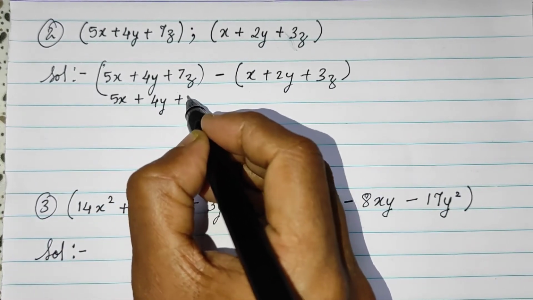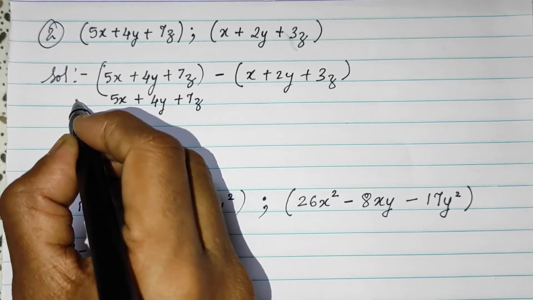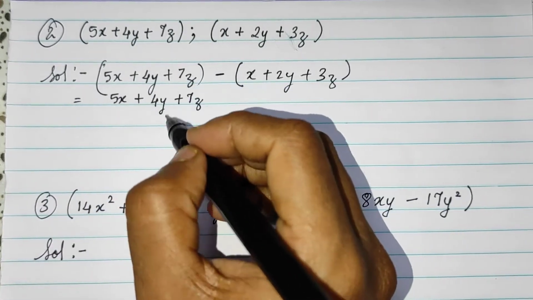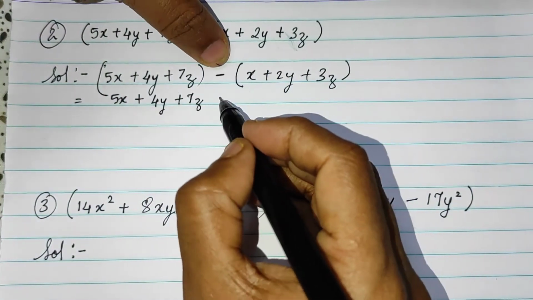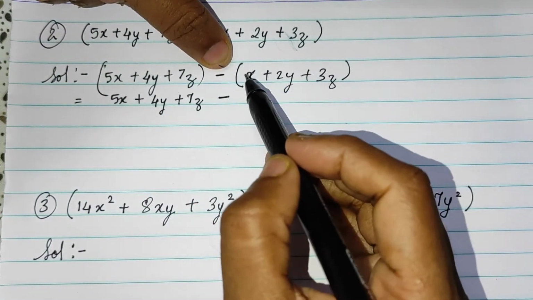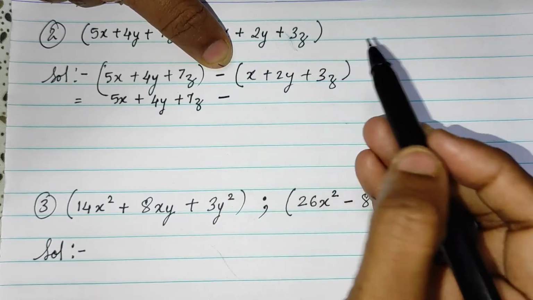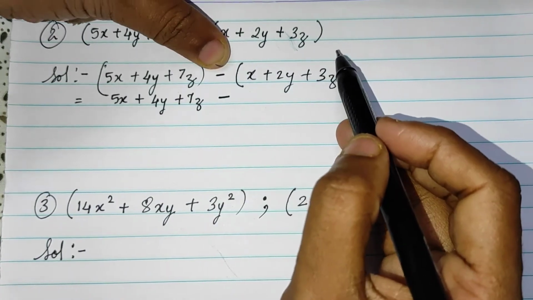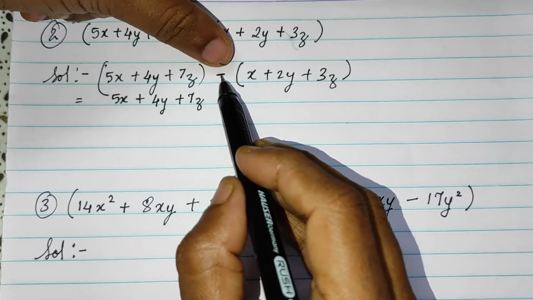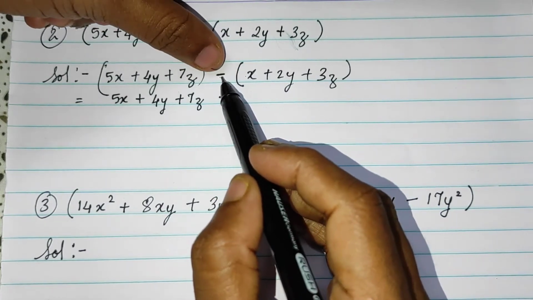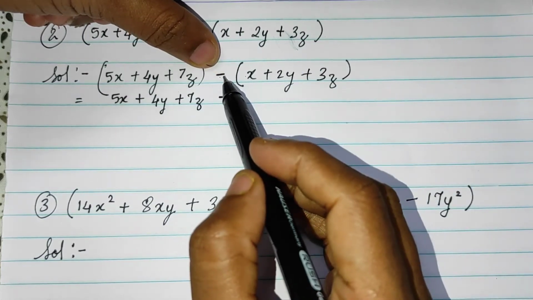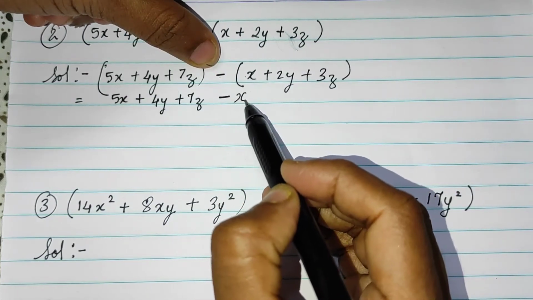We will open the bracket. So the first term comes as it is, but for the next one after this subtraction, all the signs in this bracket will change. It will become opposite. So minus into plus, minus x.